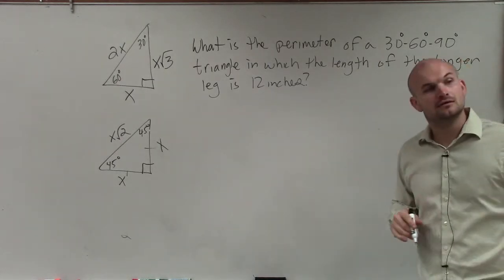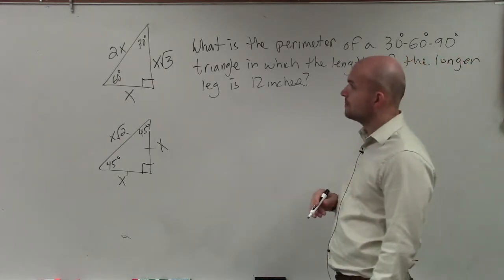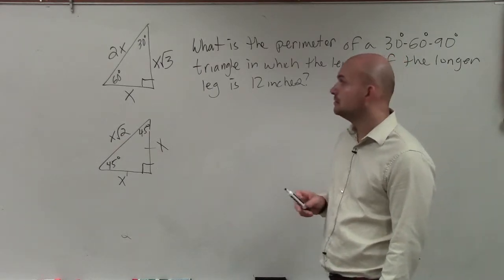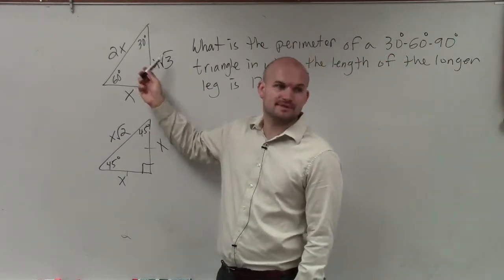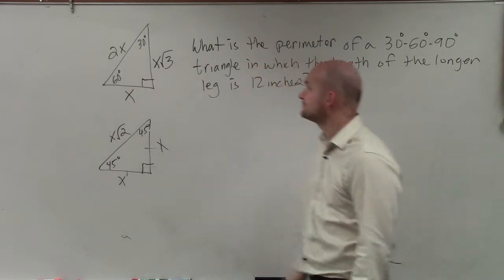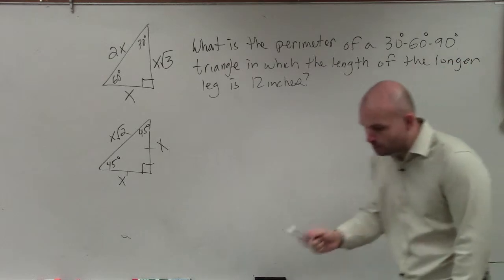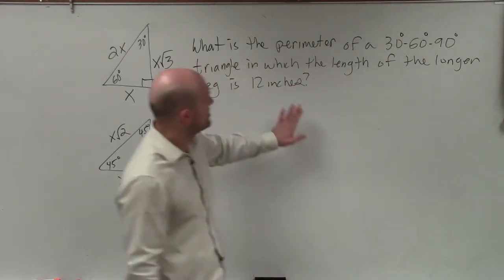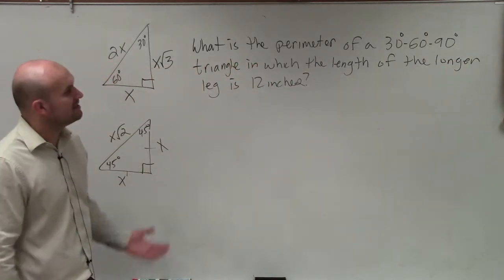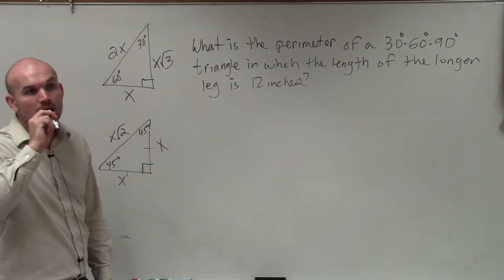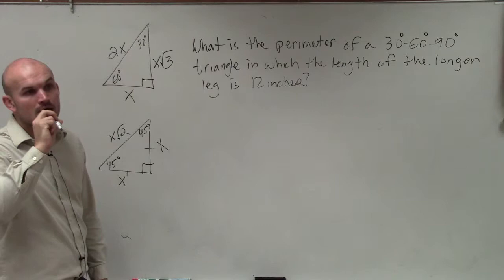Yes? I thought you used square root on the hypotenuse. Huh? I thought the long leg was 2x. Nope, it's the hypotenuse that is 2x. So now the important thing is they're talking about a 30, 60, 90 triangle when the length of the longer leg is 12 inches. Yes? Isn't the hypotenuse the longer?